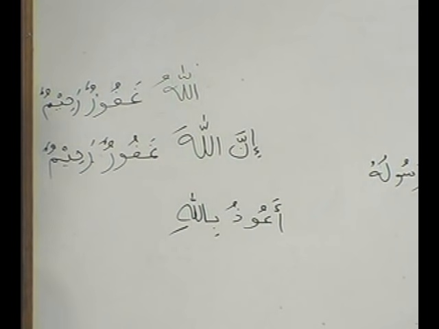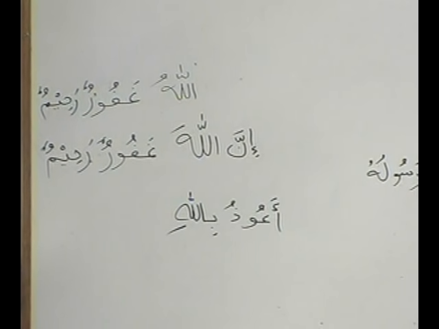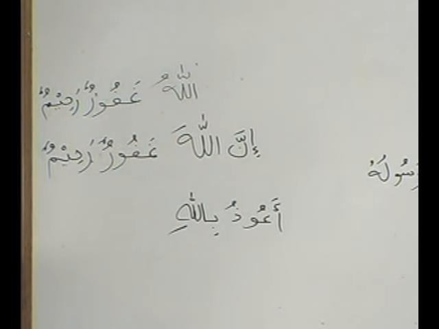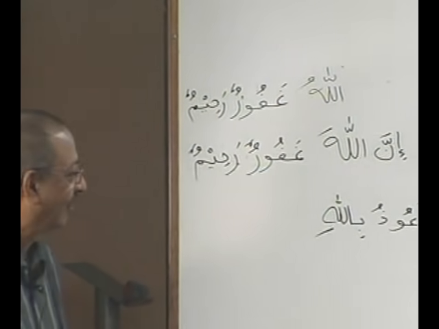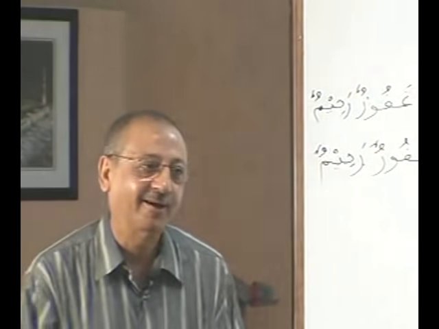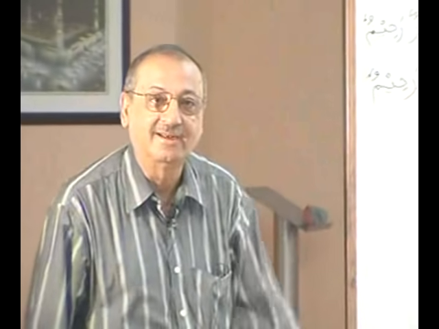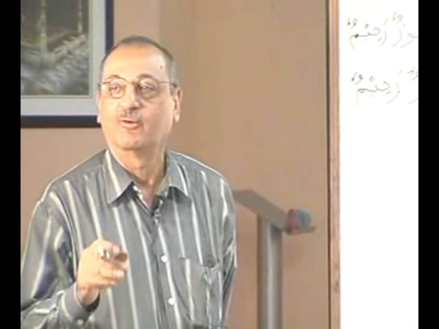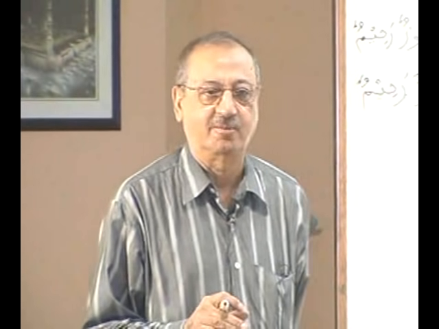What did I write down? A'udhu. Hey, come on, give me a break, brother. What's going on here? Sometimes you are saying Allahu, sometimes you are saying Allah, and now you are saying Allahi. What's going on? But as we know, the nouns decline in the Arabic language. And we are going to learn about that. Are you with me?